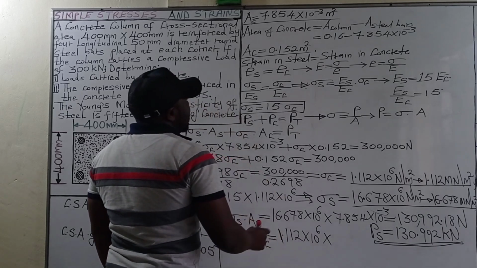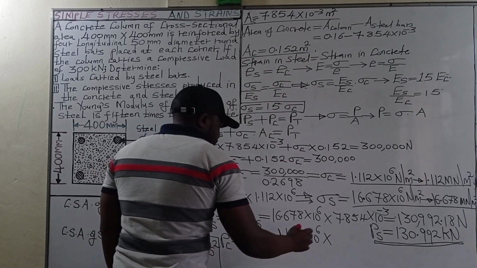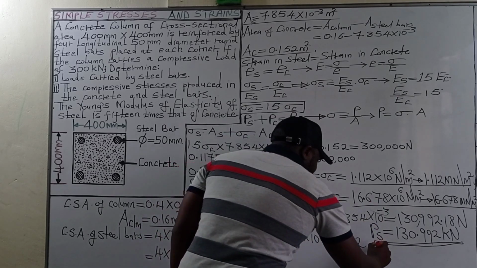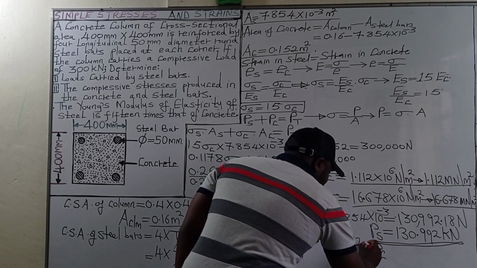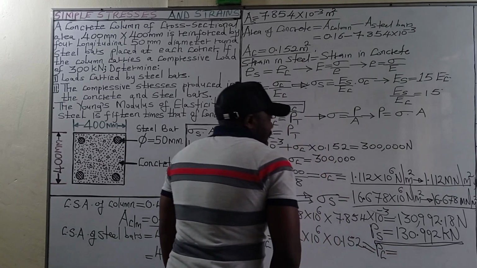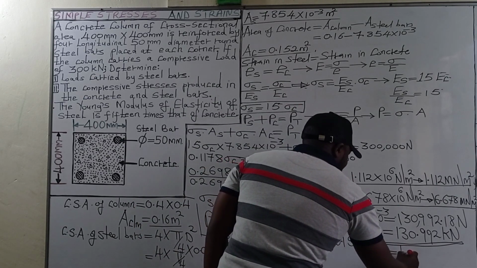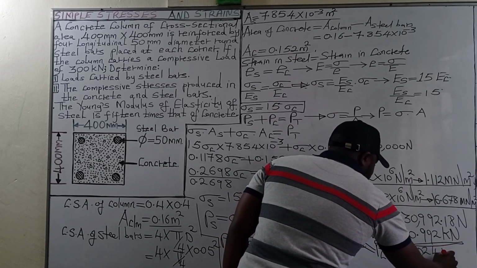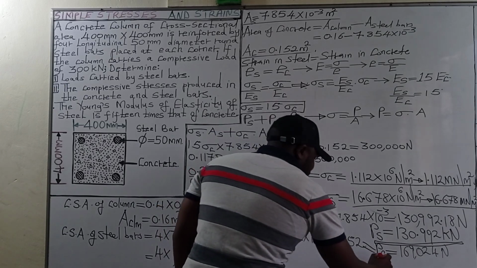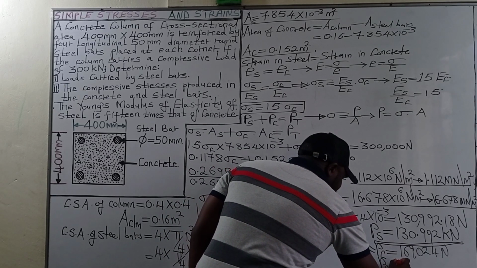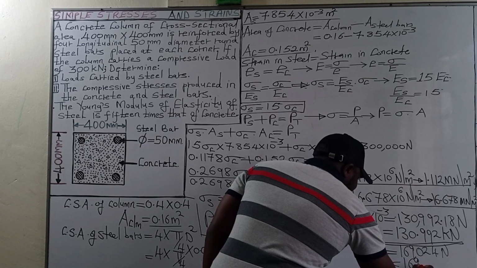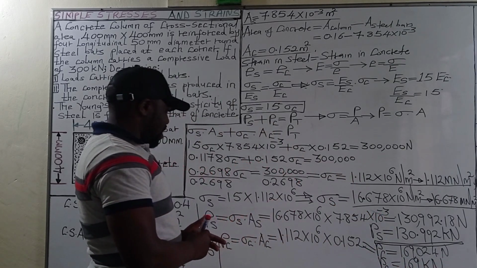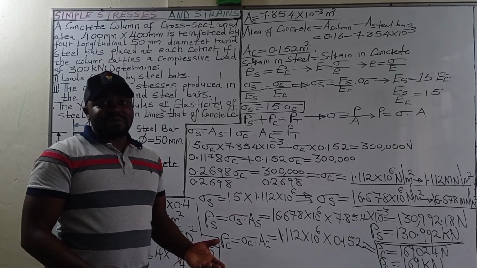We multiply this by the area of concrete, which is 0.152, and this gives us a load in concrete of 169,024 newtons. When you convert it to kilonewtons, the load in concrete is 169.02 kilonewtons. So ladies and gentlemen, that's how we go about this question.